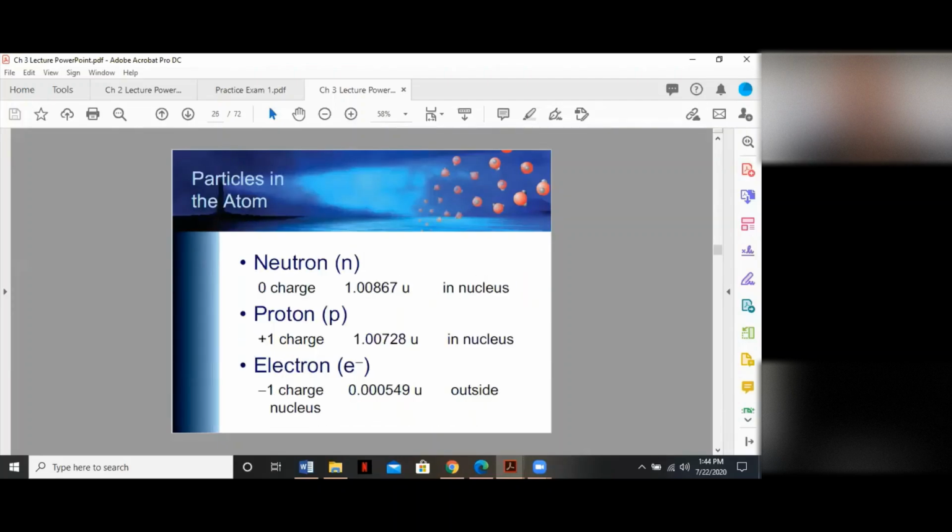All right. What I want to talk about next is something we call atomic theory. Since we just said matter consists of tiny particles, these tiny particles are referred to as atoms.